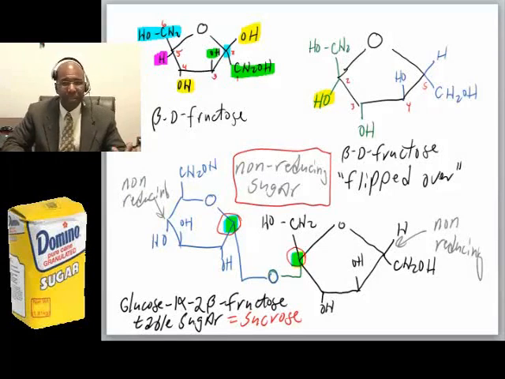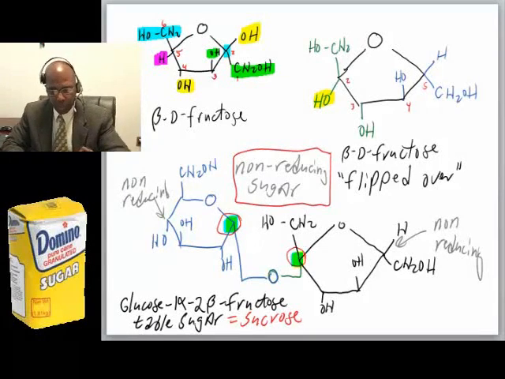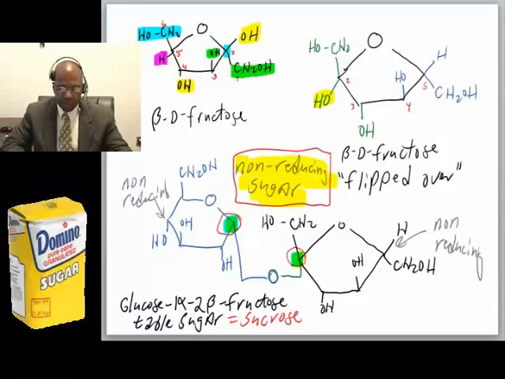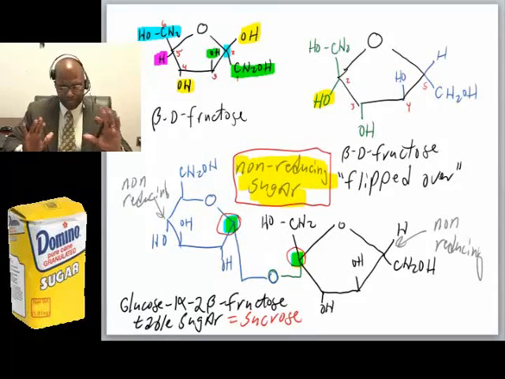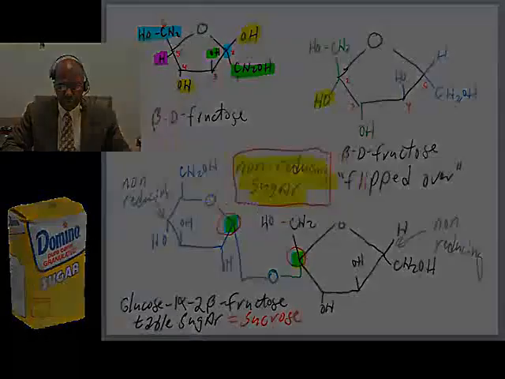And so that makes sucrose very special. Even though it's a very common sugar, it is uncommonly non-reducing. And not many sugars are like that. And so that's all that we have to say about the most famous of sugars, sucrose.